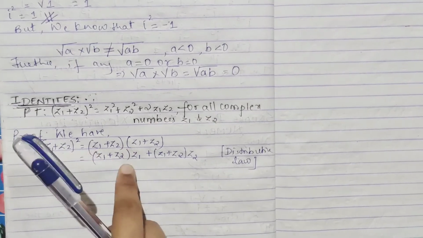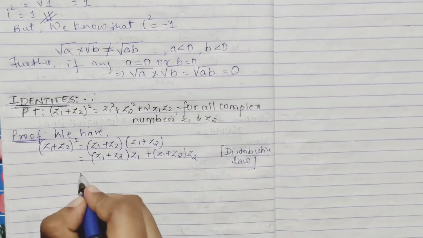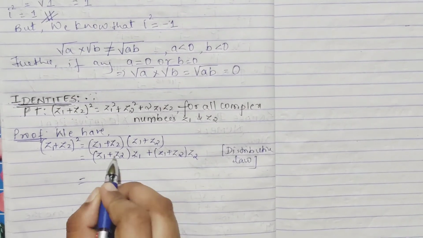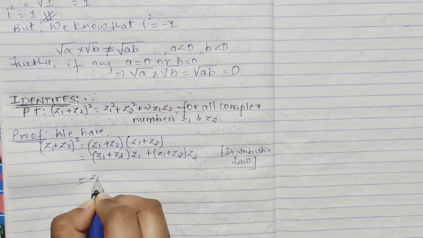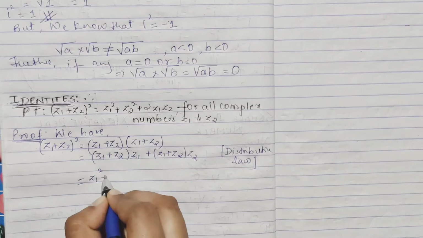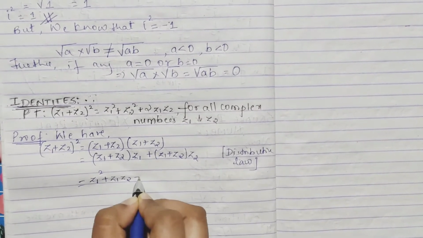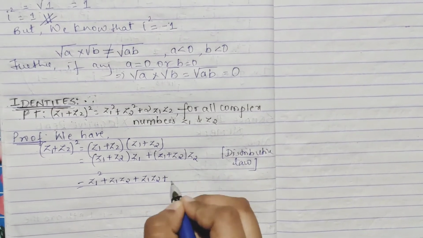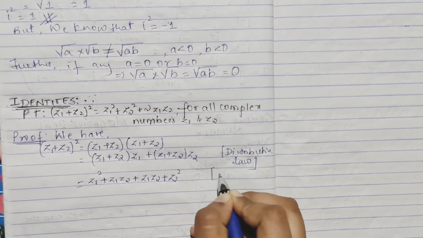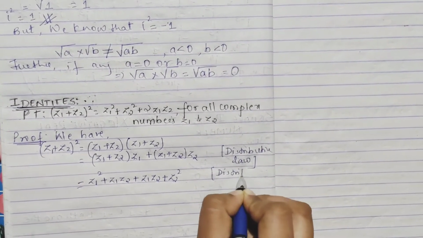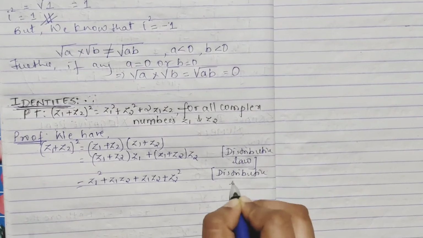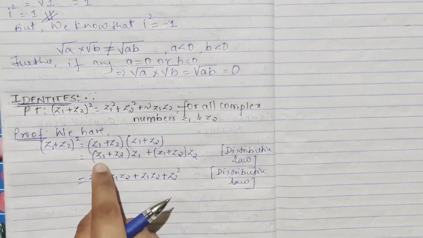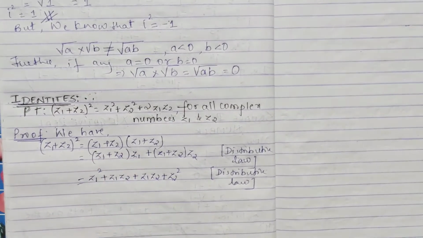Now I'll multiply again with the distributive law, multiplying each term: z1 square plus z1 into z2, in the same way z1 into z2 plus z2 whole square. Again this is the same distributive law.